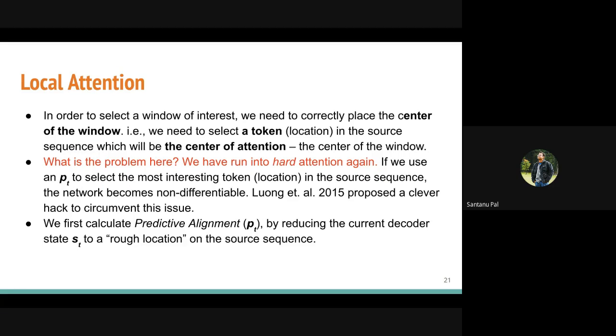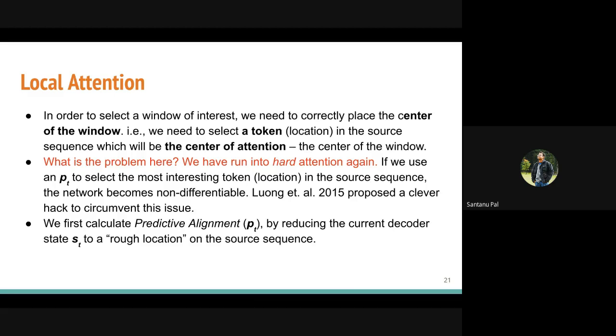Now for the details, the algorithm for local attention. In order to select the window of interest, we need to choose the place for the center of the window. That means we need to select a token or location of the source sequence which will be the center of the attention. So what is the problem here?